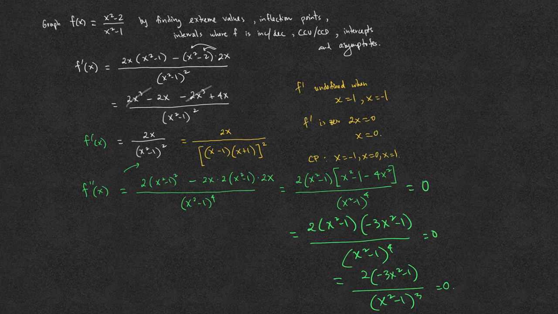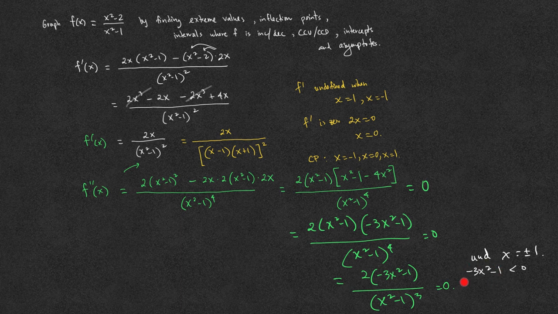This f double prime is undefined when x equals plus or minus 1, the same as f prime. And it is 0 when the numerator is 0, or negative 3x squared minus 1 is 0. But negative 3x squared minus 1 is always negative, and so f double prime has no zero.